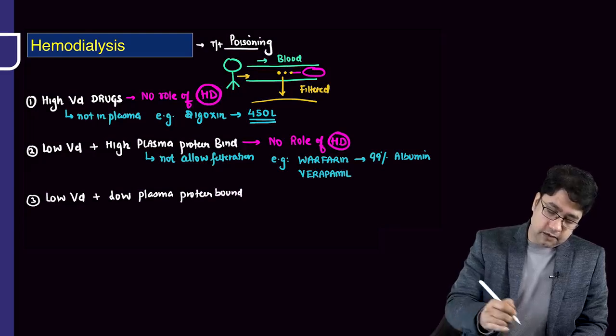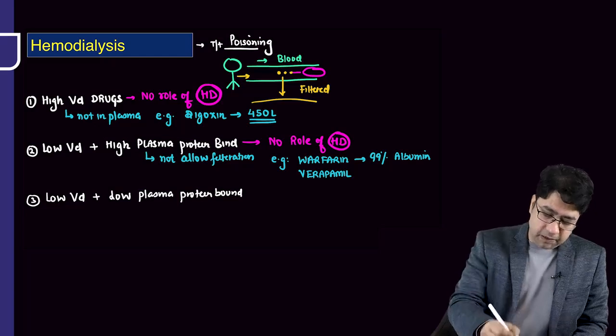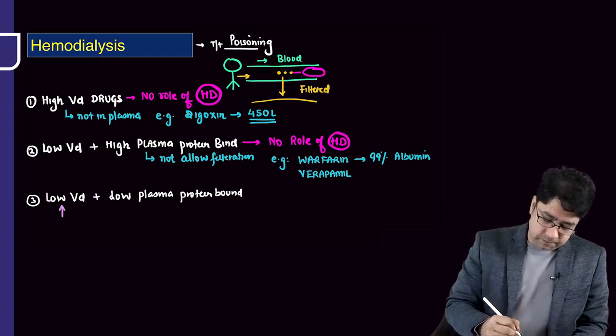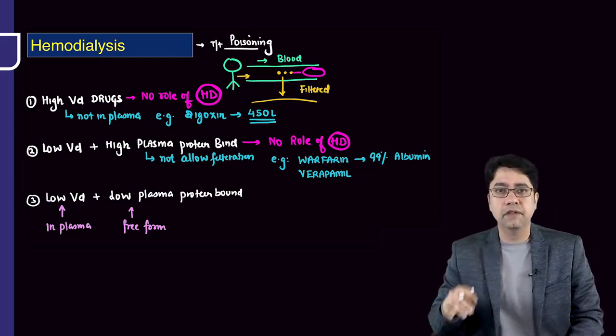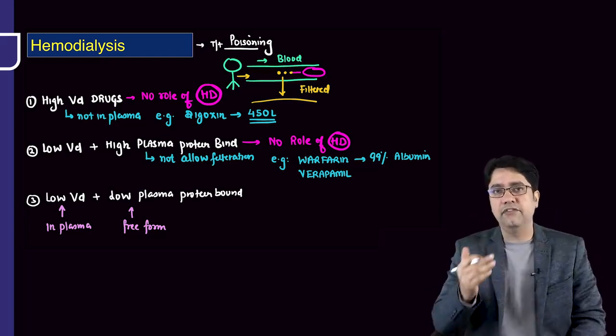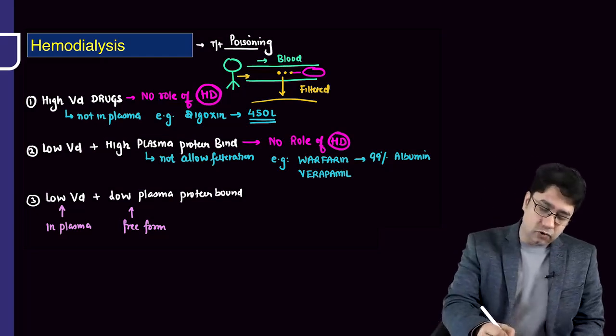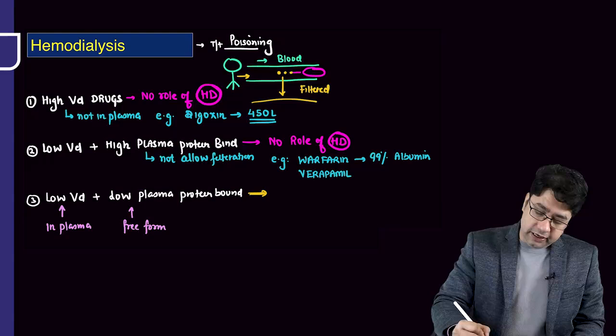That means the drug is present in plasma, which is a good thing. And low plasma protein binding means the drug is in free form. The drug is not in bound form, and the free form of a drug can filter. So in this case only we do hemodialysis.